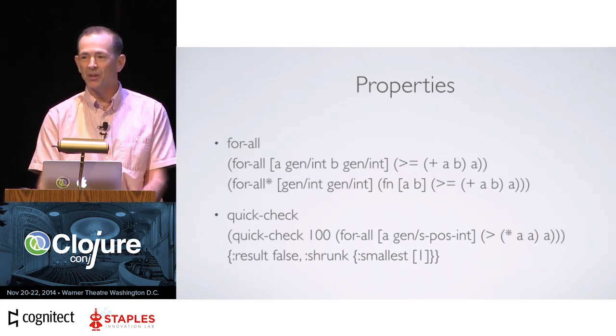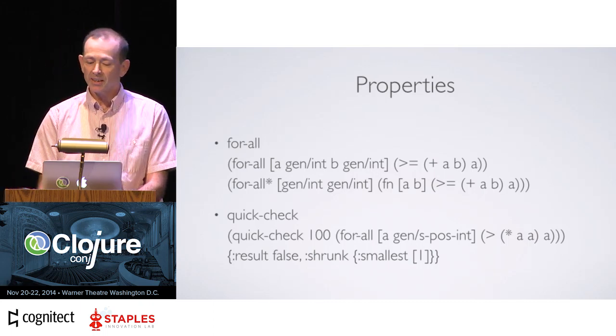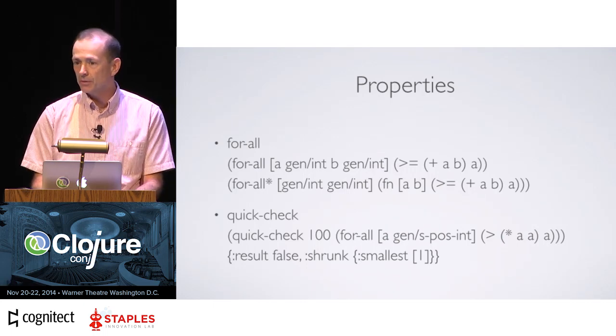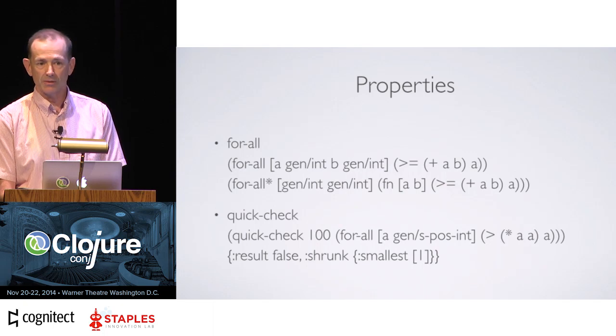So most of my examples here are going to be properties that aren't going to hold across all the generated data. So if B happened to be negative, right, then that proposition will fail, and quick check will tell you, think about these negative numbers.